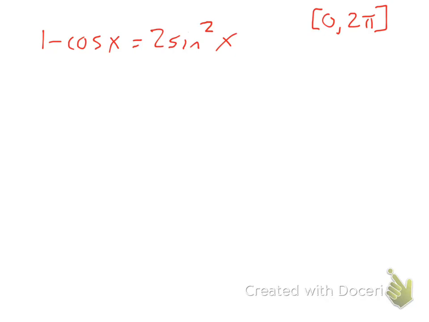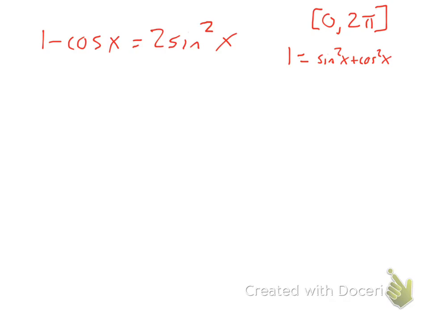Does anybody remember the Pythagorean identities? What's sine squared? Right, so sine squared plus cosine squared equals 1. So couldn't I solve that for sine squared? This is squared right here. Yes, but could I replace this piece? 1 equals sine squared x plus cosine squared x.